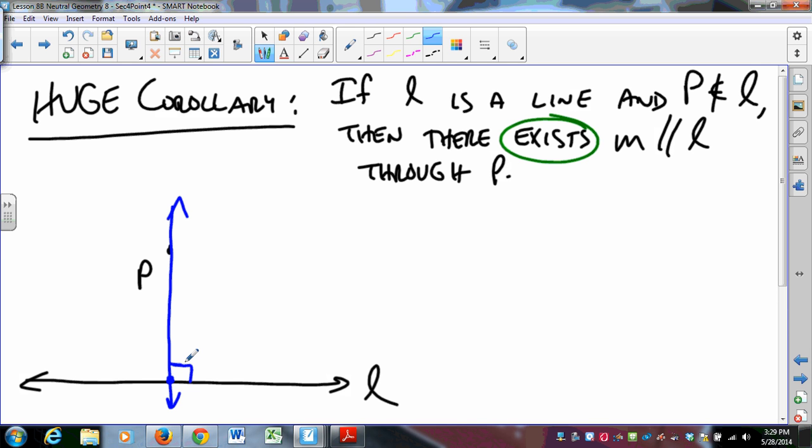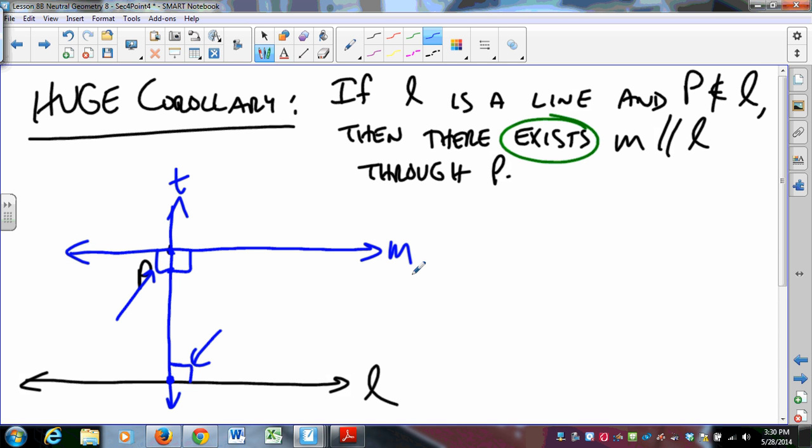And then you say, wait a second, that means I can drop a perpendicular to this transversal through P. And once I have that, I have a pair of alternate interior angles that are congruent, and therefore line M has to be parallel to line L. And we're going to do this fairly frequently where we do the double perpendicular construction to get ourselves a parallel line.